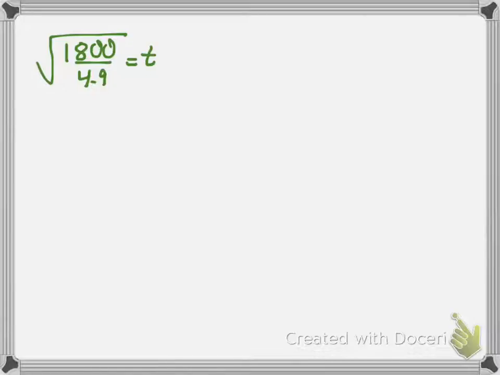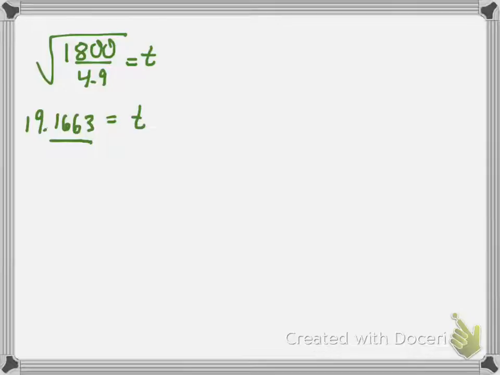And so our time, we'll pause it here while I do my calculation. So after you take the square root, you realize your time is 19.1663. Go 4 decimal places when you're doing AP Calc problems. So it takes that long to get to the bottom of the canyon.